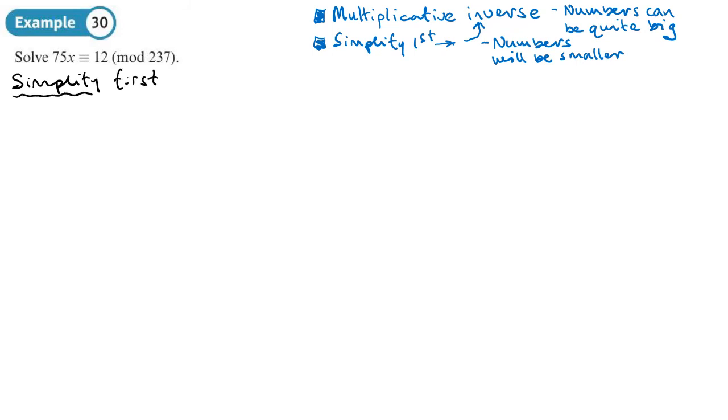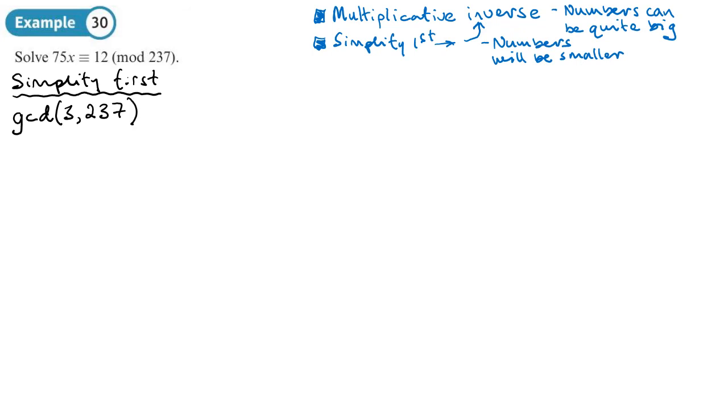So if I'm going to simplify this, I need to look at the 75 and the 12 and think, what can I divide both sides of that by? Well, I know I can divide both sides by 3. So I want to find the greatest common divisor of 3 and 237.